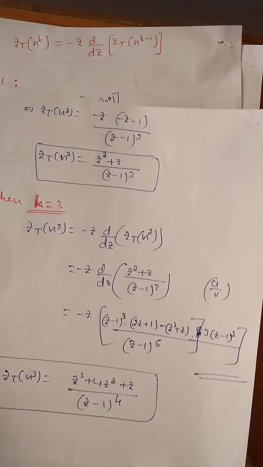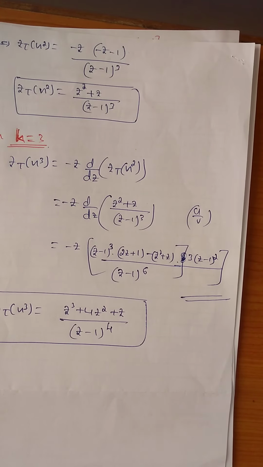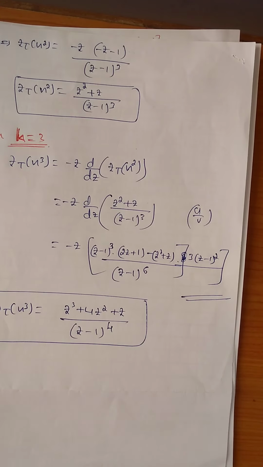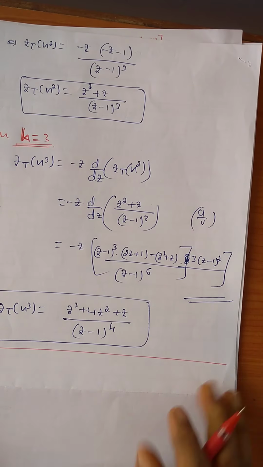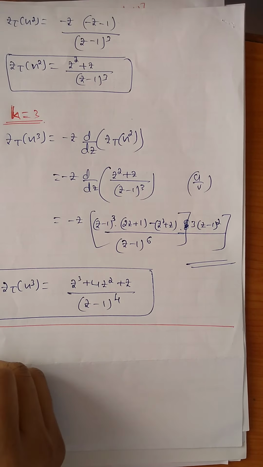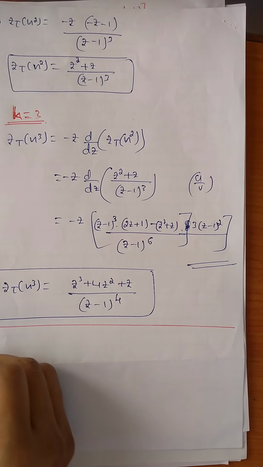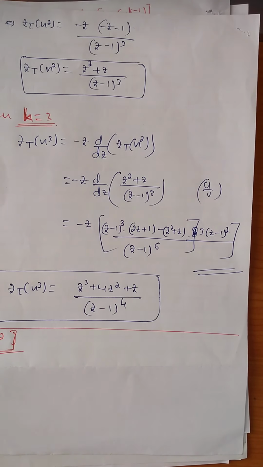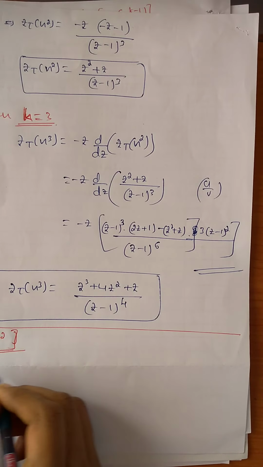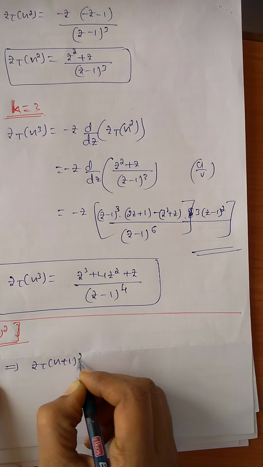Okay, so using this z transform of n square and n cube, we can find the z transform of (n plus 1) whole square, (n minus 1), (n plus 1) whole cube. This type of problem we can simplify. For example, suppose in an exam they ask to find the z transform of (n plus 1) whole square.